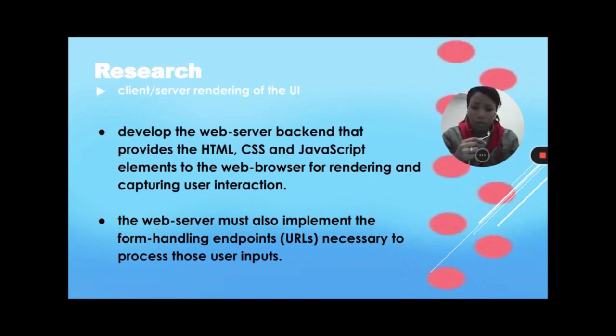So for the web server, we decided to use the Java Javelin model, which allows us to create a web server, and then we use JavaScript to allow us to render different web pages for the specific application. We also had to implement form handling for endpoints that's necessary for the user as well as for the server.